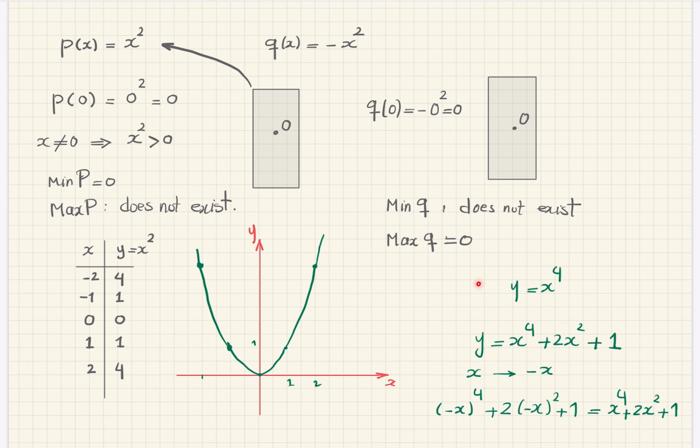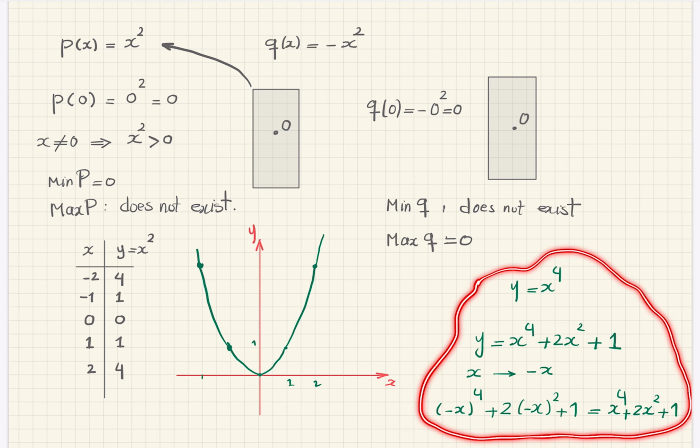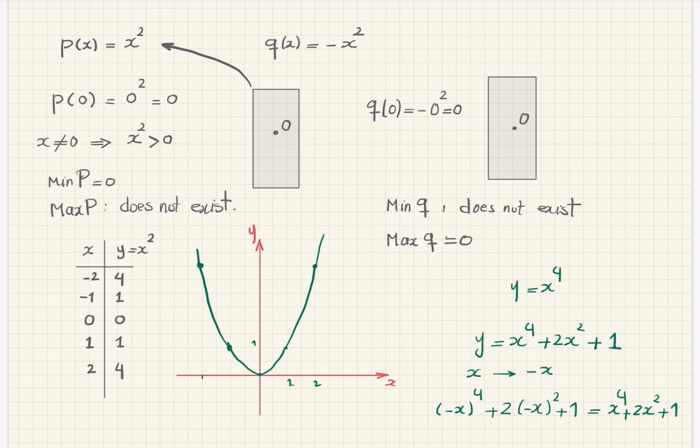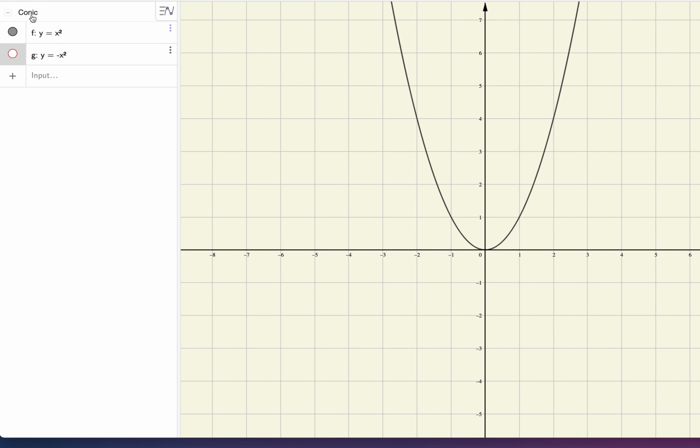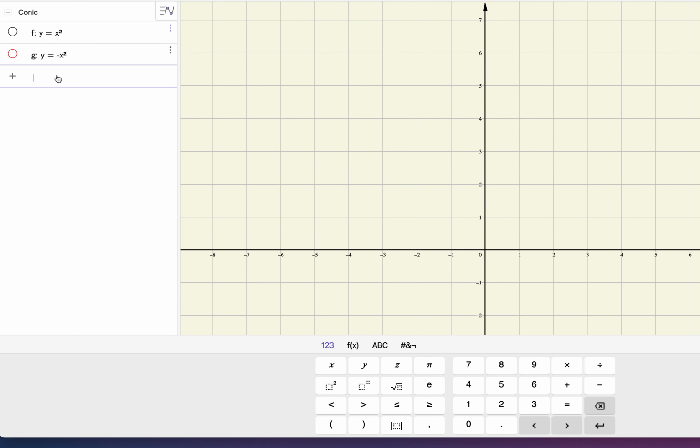Okay, so this part of the lesson is optional, but I want you to have a better understanding and not memorize things. So let us, by the way, remember this function, x to the 4 plus 2x squared plus 1. I will draw it with GeoGebra. Okay, so let us go here, take this away, and then draw the graph of the function to see if this is according to our predictions or not.